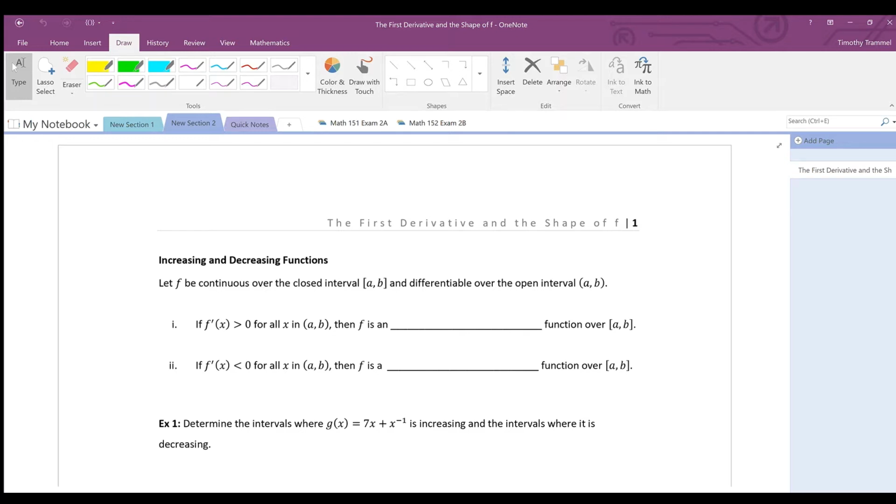This first part's actually technically review: increasing and decreasing functions. You all know if that first derivative is positive, then f is increasing. And if f prime of x is less than 0, we know it is decreasing.